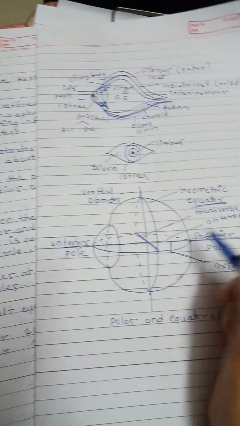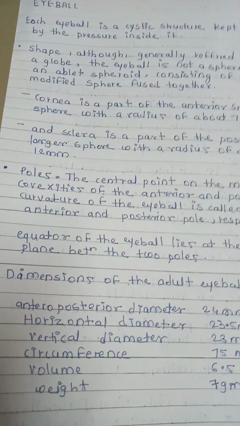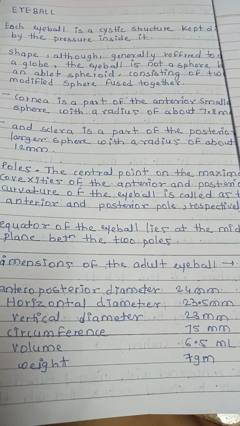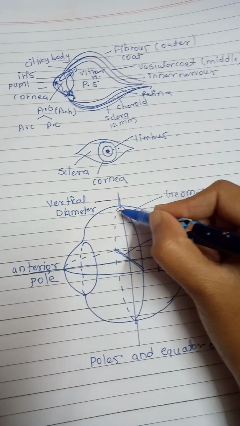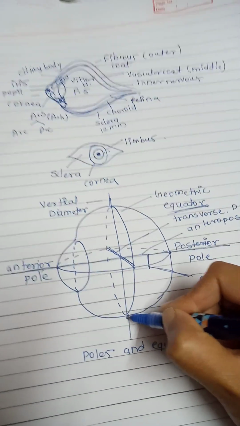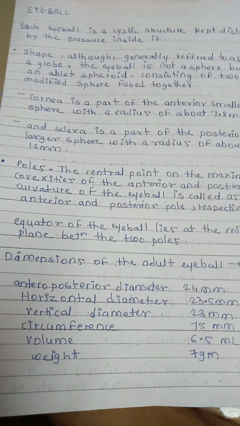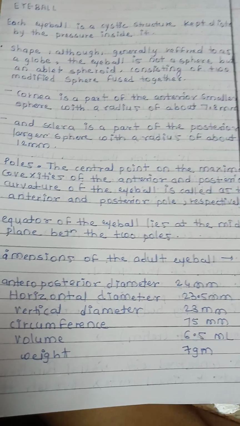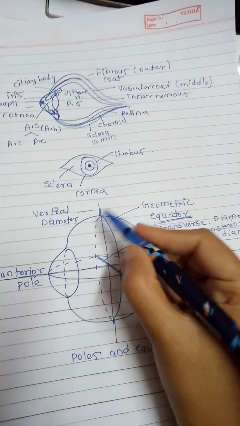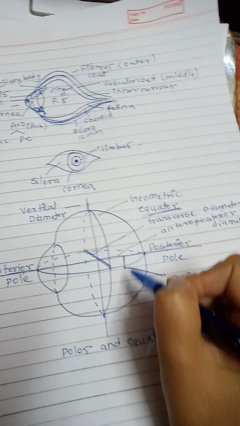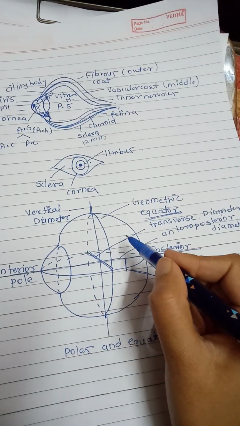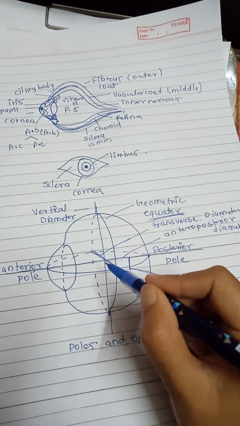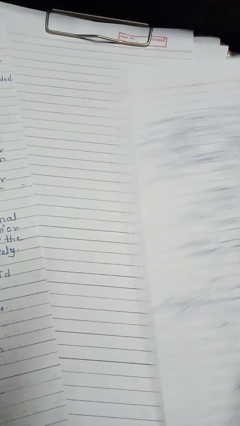Vertical diameter is 23 mm. Then circumference is 75 mm, volume is 6.5 ml, and weight is 7 grams. Circumference means this whole space, and it is 75 mm.